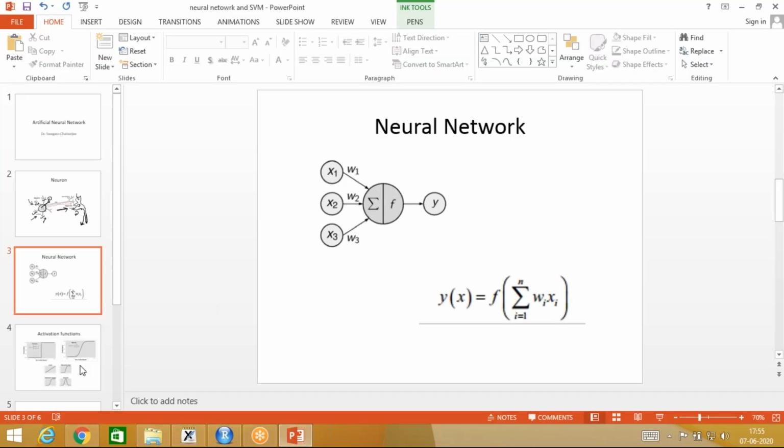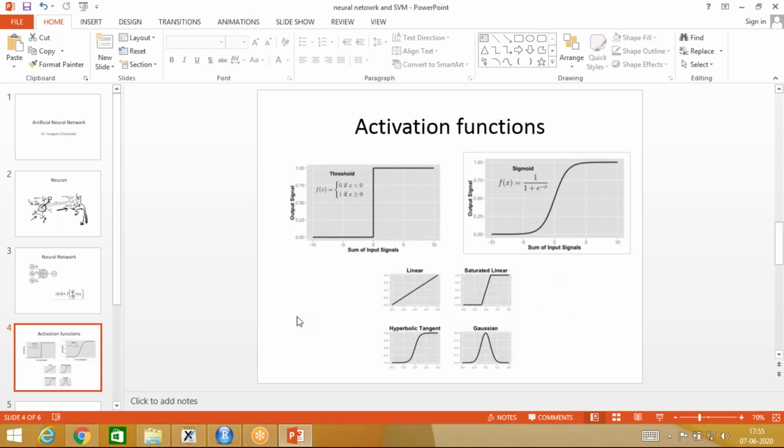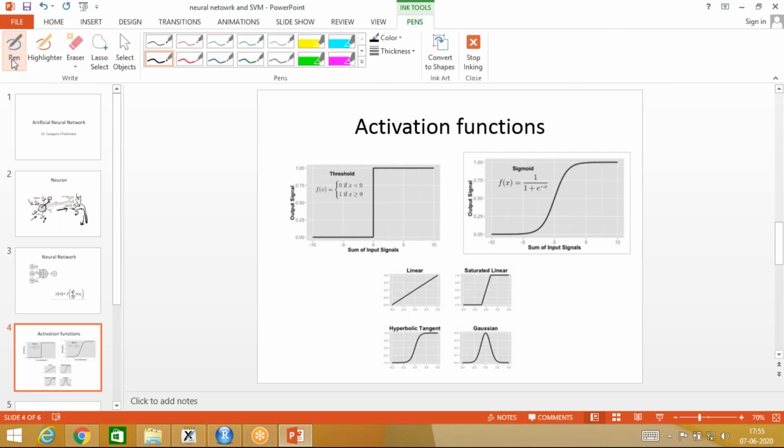Now, what are the various kinds of transformation that can happen? These are the various kinds of transformation that can happen. Each of these is one kind of activation function. The most common activation function is the sigmoid function, or the linear function.